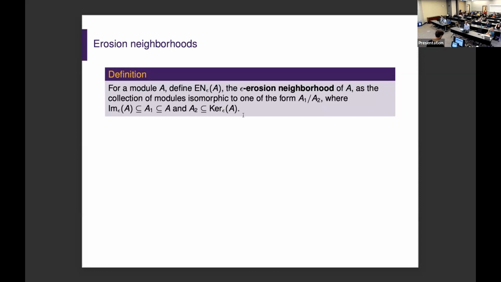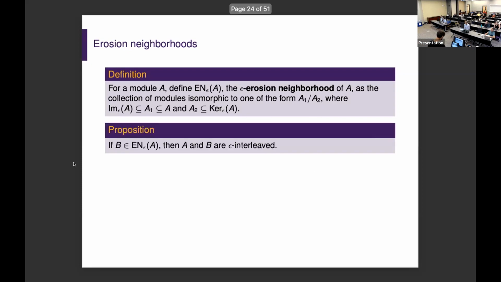So here I'm taking almost all of A and modding out by almost 0, which means that for small epsilon, this thing here is close to being A. And exactly what we choose for A1 and A2 here determines where we're eroding.